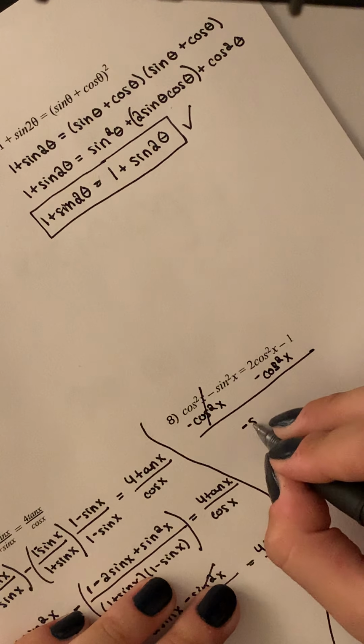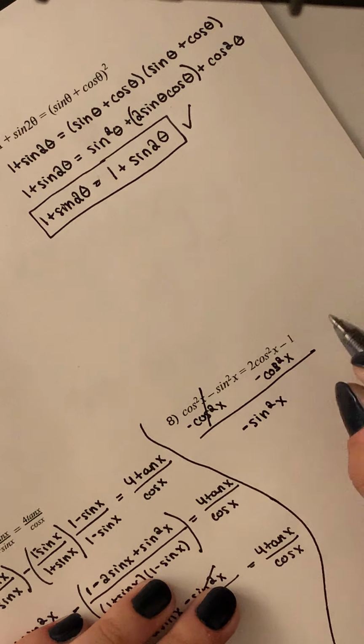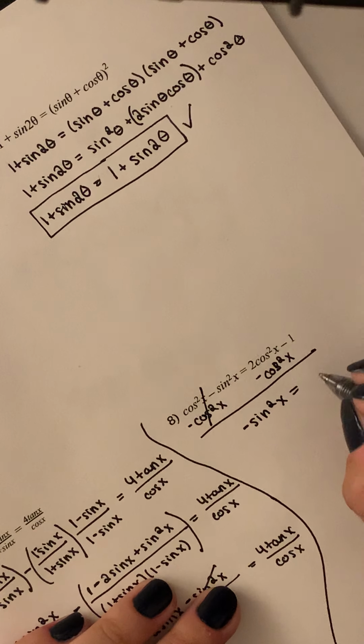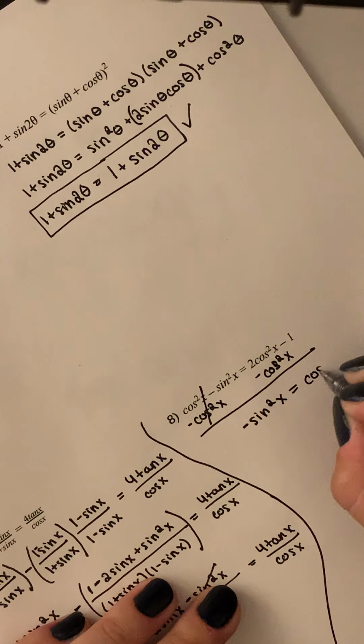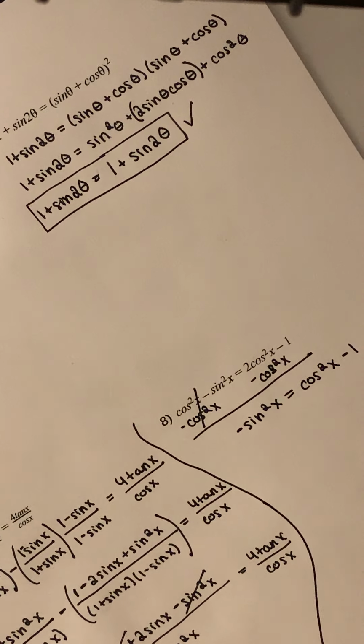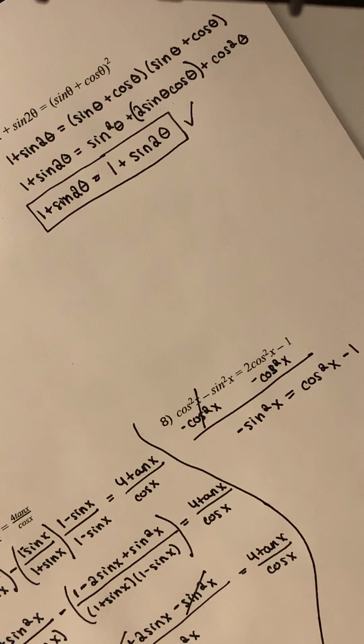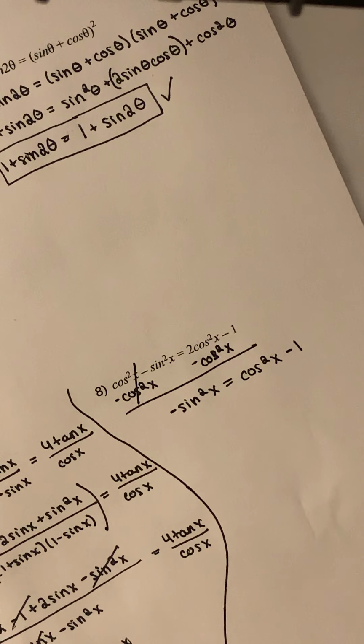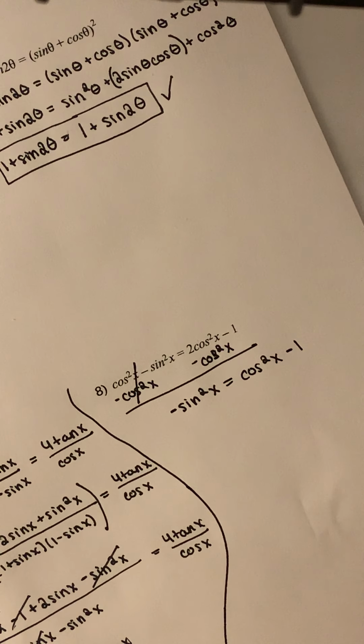Those will cancel. I'll be left with a negative sine squared x on that side, and 1 cosine squared x on this side, minus 1. And you can recognize here that this almost looks like it could be a Pythagorean identity, but the signs are wrong.